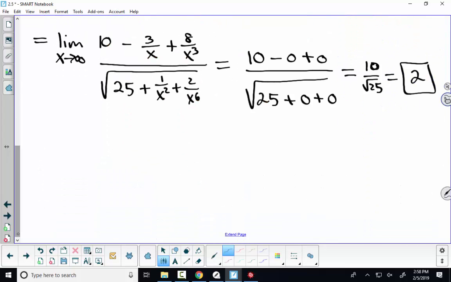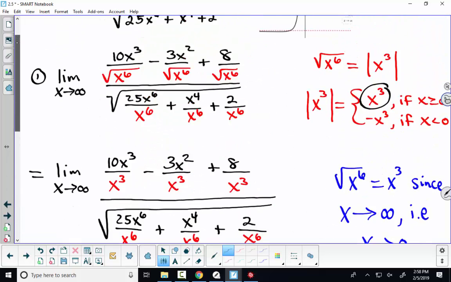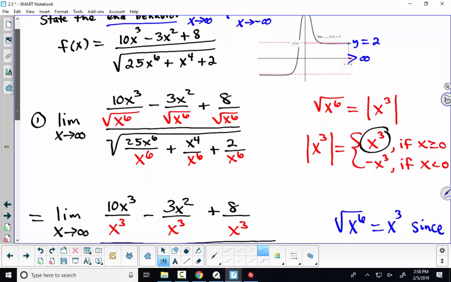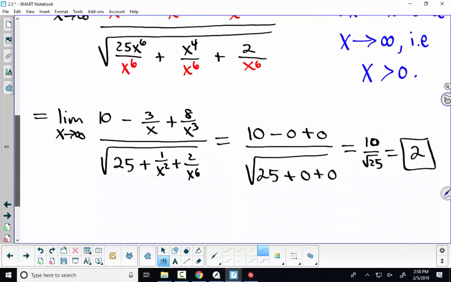But this result that we've computed here, as x approaches positive infinity, y approaches 2, that gives us this right here. As x approaches infinity, y approaches 2. So that gives us that horizontal asymptote on the positive end. Now we need to look at that function, what's happening on the negative end.